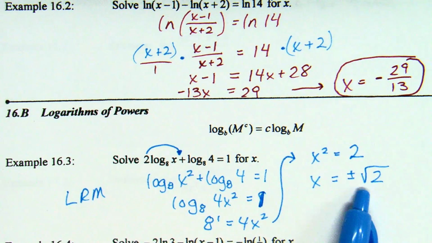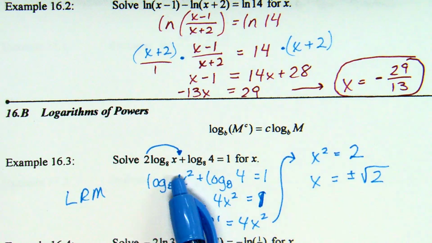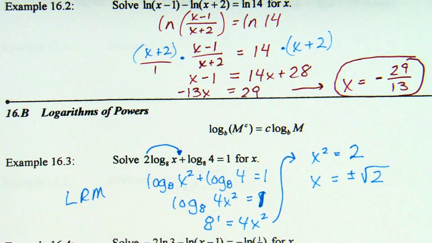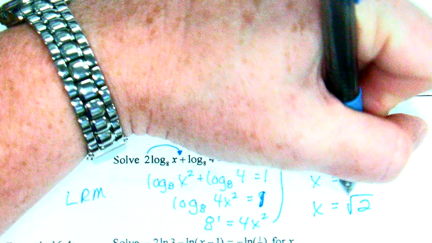If you do log of negative square root of 2 in your calculator, it's going to deny you. It's not technically a squared. The original problem is written as 2 times that, and you can't do that log to begin with. So the only working answer is x equals square root of 2.